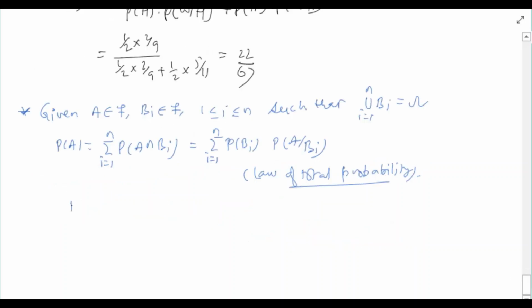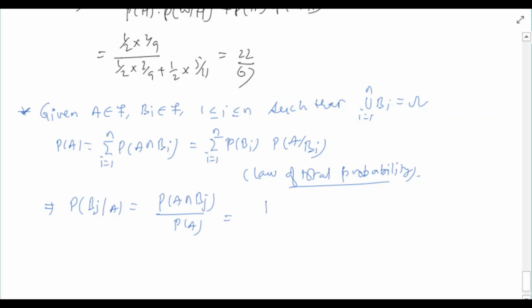Next, I can write probability of Bj given A to be probability of A intersection Bj divided by probability of A. This is using conditional probability.